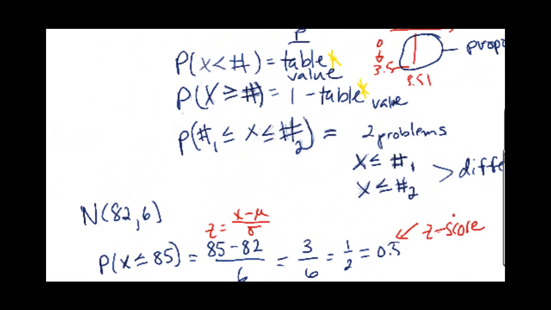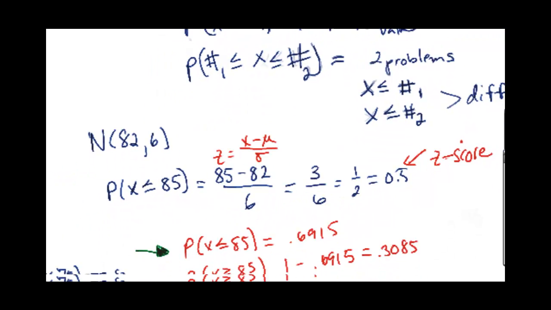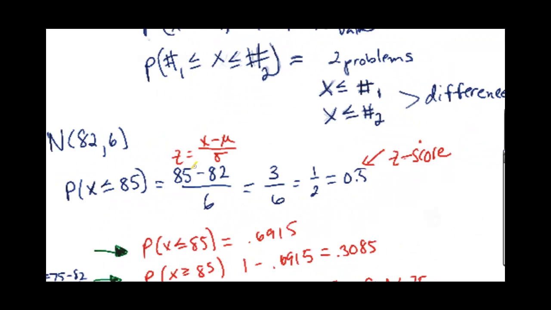Alright, so recap. If we want less than, plug in your data point, your mean, and your standard deviation. Simplify it, that's your z-score. And then for less than, look up that z-score, and it's the table value for less than.